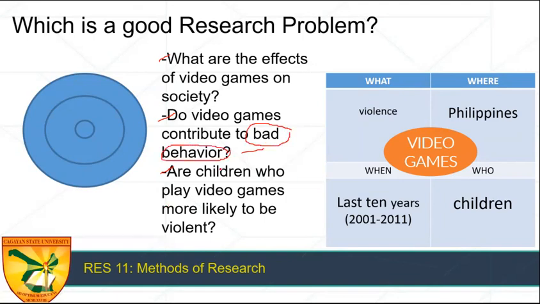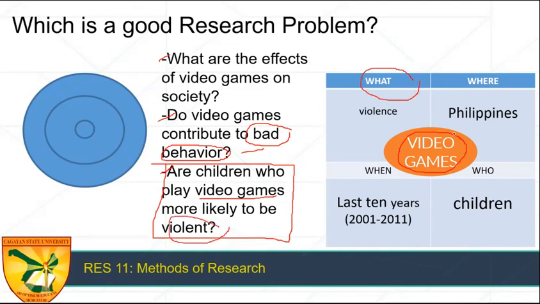So for this slide, this is the good research problem. Here you will see it states the why we are doing the research. We are looking at video games. What about? Violence. Where we can add the Philippines.